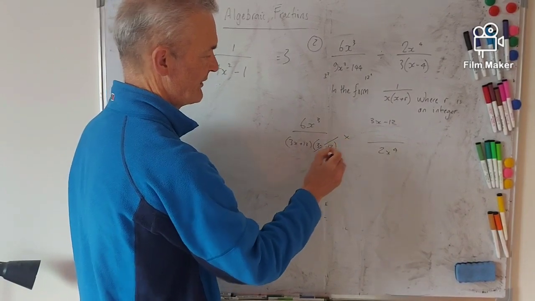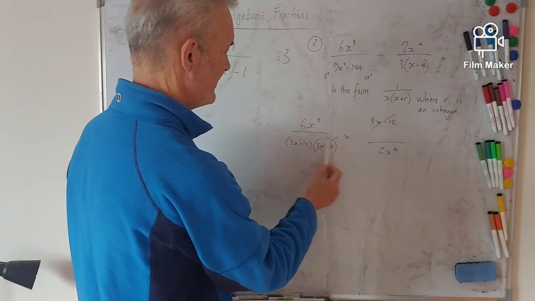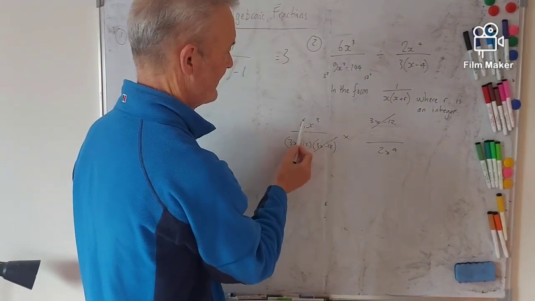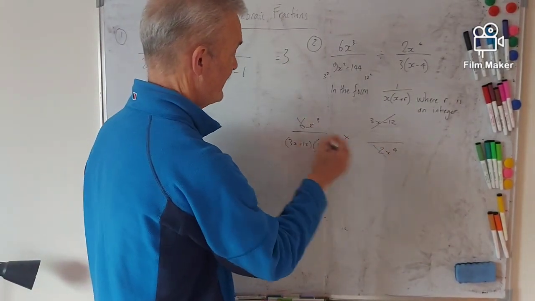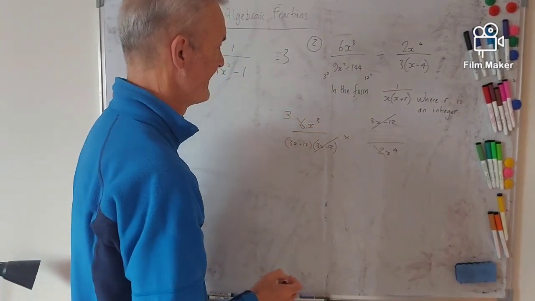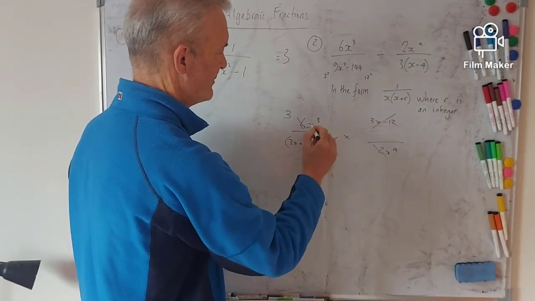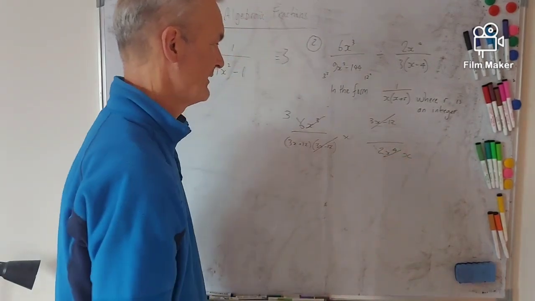So I'm going to cancel those like so. And I've got 2 and 6 here. Well, 6 over 2 is 3, isn't it? So cancel that and replace it with a 3. And I've got x cubed and x to the power 4. Well, I can cancel that and just leave x down there.